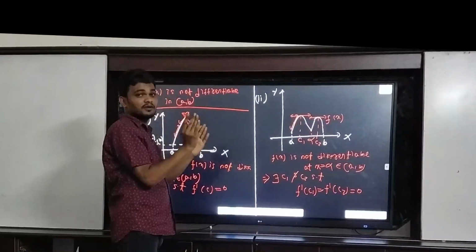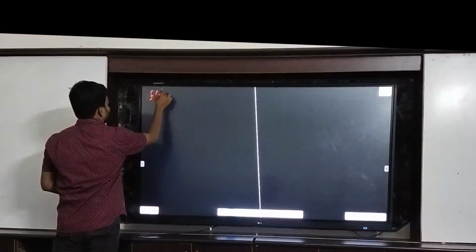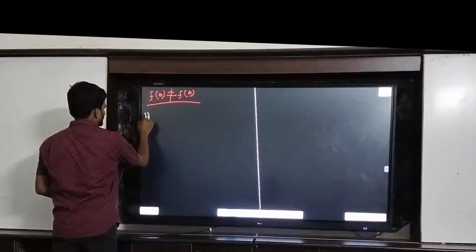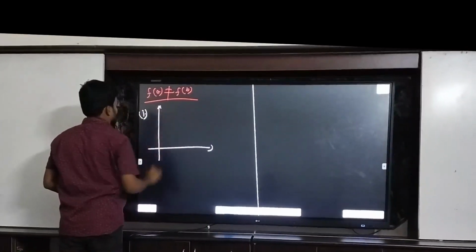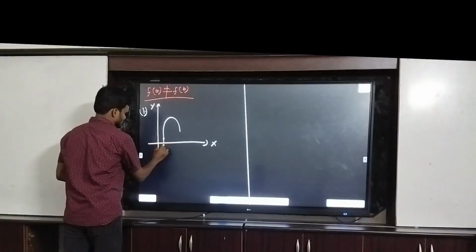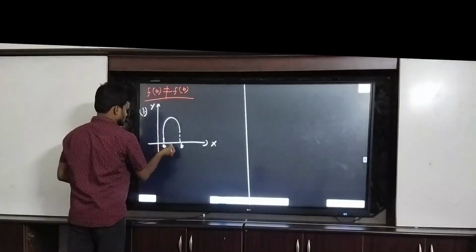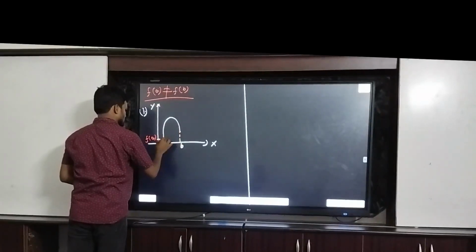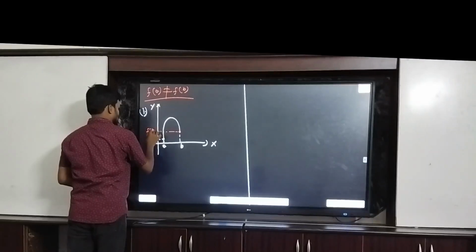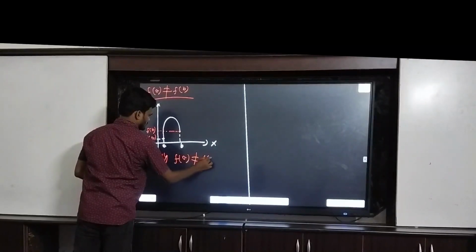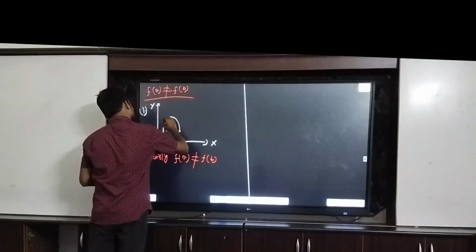What if the functional values at the endpoints are not equal? f of A is not equal to f of B. Suppose this is our A, this is our B, this is f of A, this is f of B. Clearly f of A is not equal to f of B. But if we plot a tangent at this point, this is how it looks.